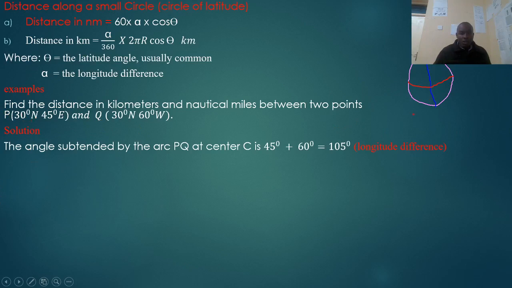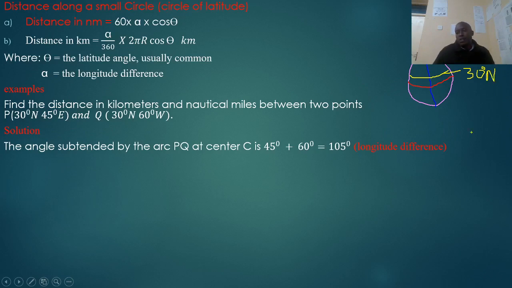Now if I move to the north, I locate some 30 degrees. Mathematically, I can have my 30 here. I can call that one 30 degrees north.